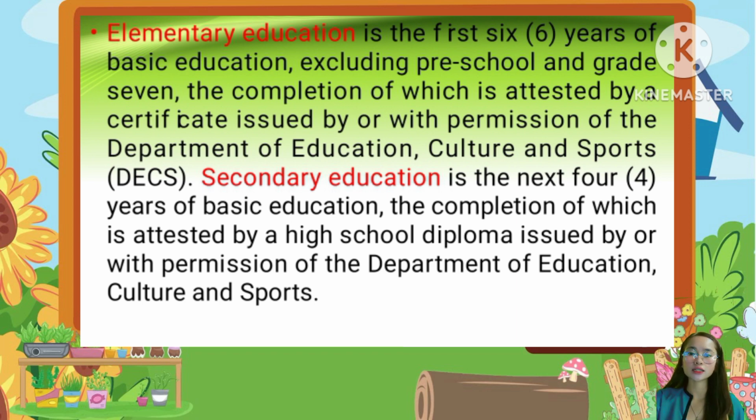Secondary education is the next 4 years of basic education, the completion of which is attested by a high school diploma issued by or with permission of the Department of Education, Culture, and Sports.